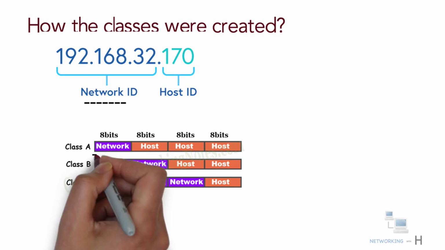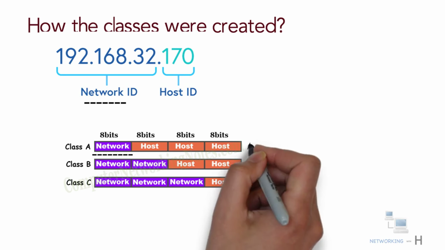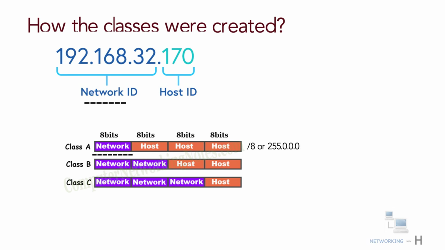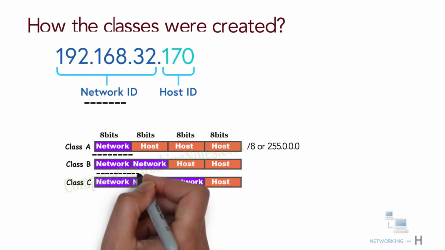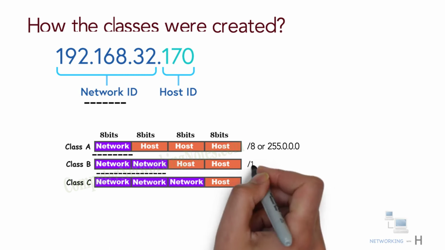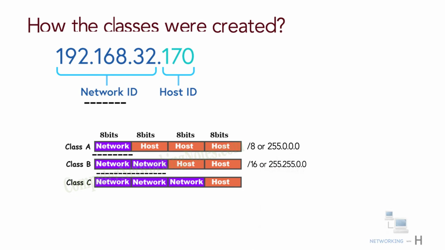In Class A, the first 8 bits are reserved for the network address, which gives you the subnet mask of /8 or 255.0.0.0. In Class B, the first 16 bits are reserved for the network address, which gives you the subnet mask of /16 or 255.255.0.0.